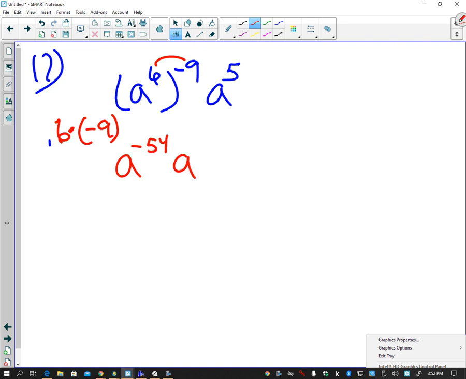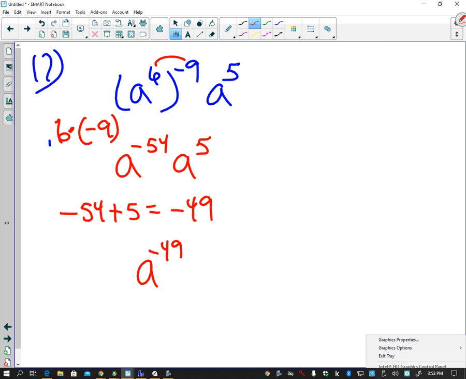And in here, I have a to the 5th. Here, I'm taking negative 54 plus 5. That is giving me an answer of negative 49. That's giving me a to the negative 49th.